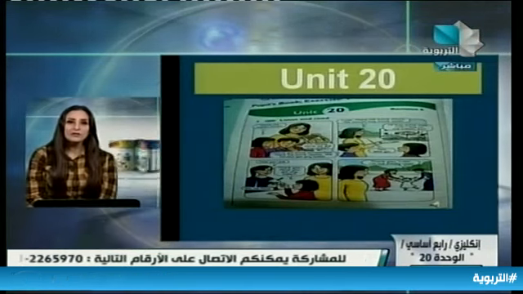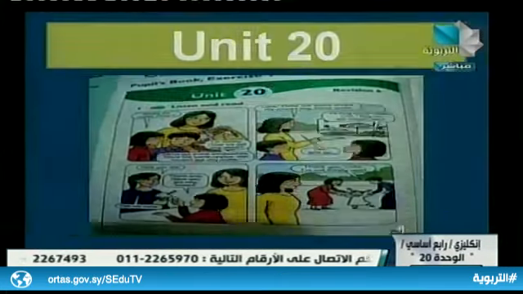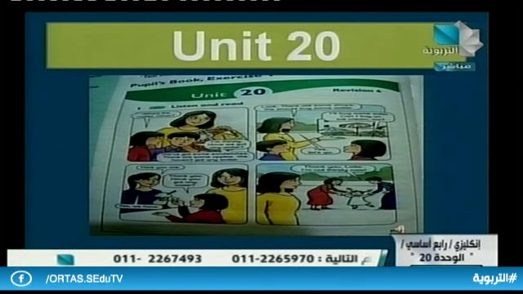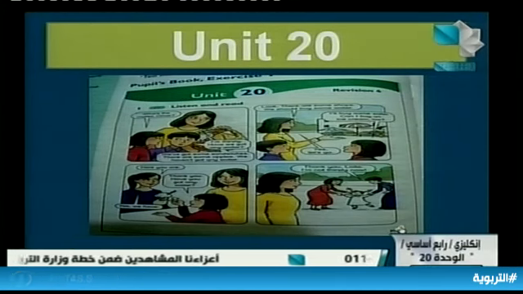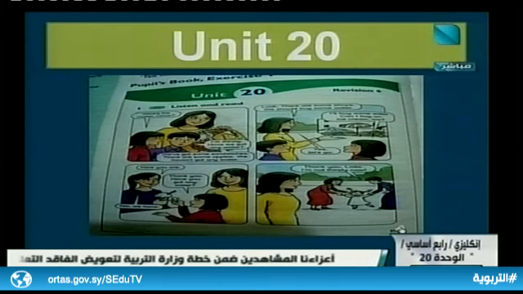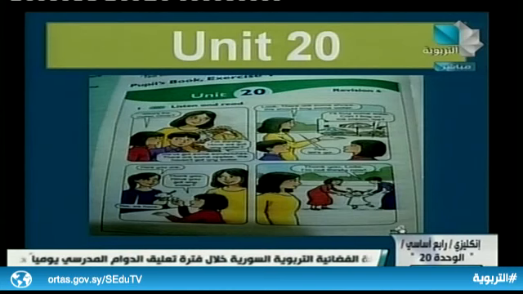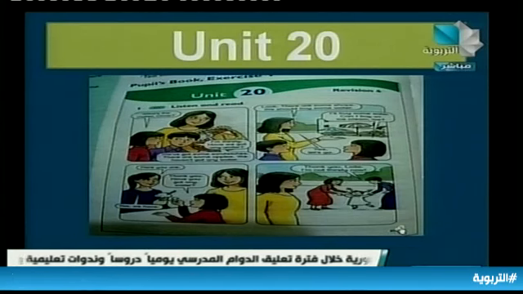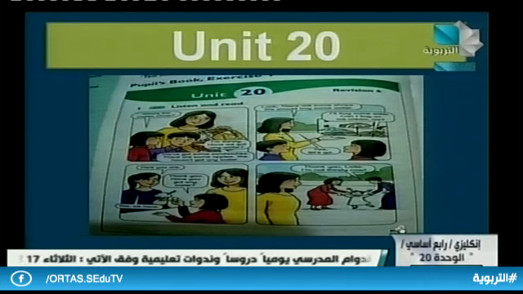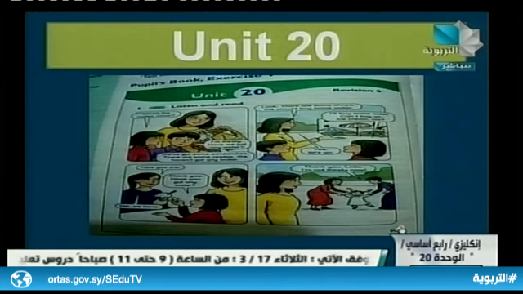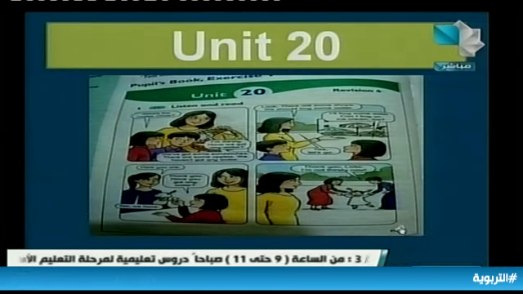Now we are going to read our lesson. Our lesson is, as you see in the picture, we can see Omar, Layla, and their mom, and they are in the park. Actually, Layla wants to buy two things here. We are going to see after listening what they are. Now I'm going to tell you what they are.